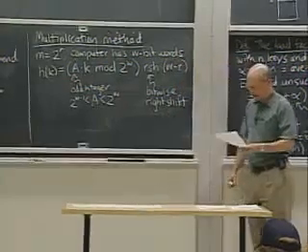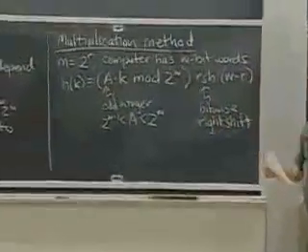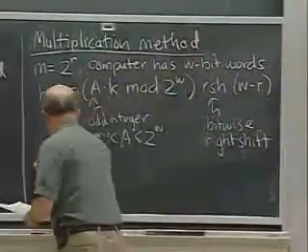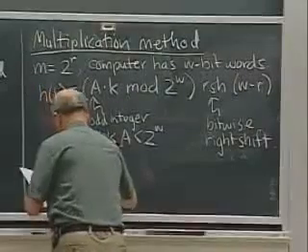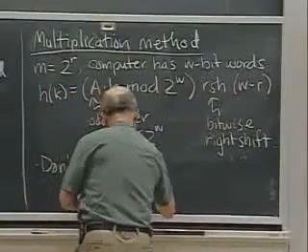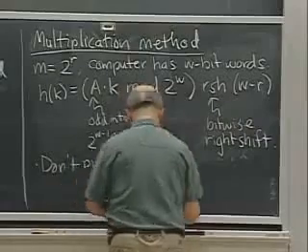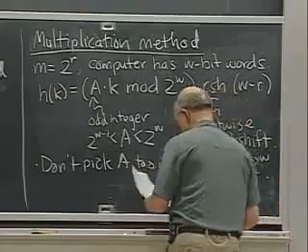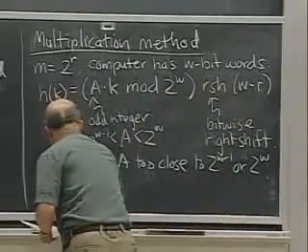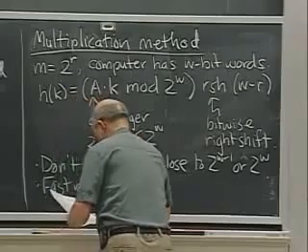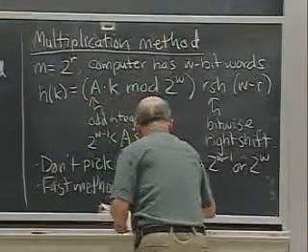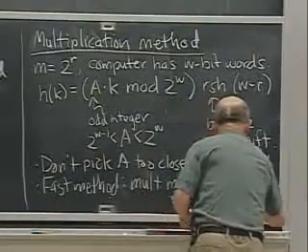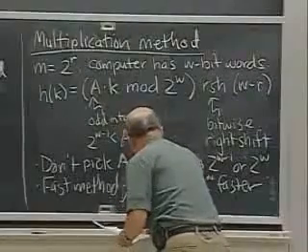Okay, so let's look at what this does, but first let me give you a couple of tips on what you don't pick for a. You don't pick a too close to a power of 2. And it's generally a pretty fast method, because multiplication mod 2 to the w is faster than division.